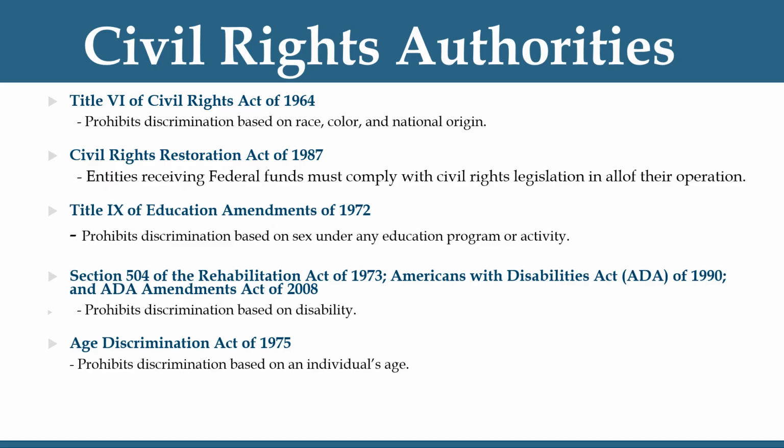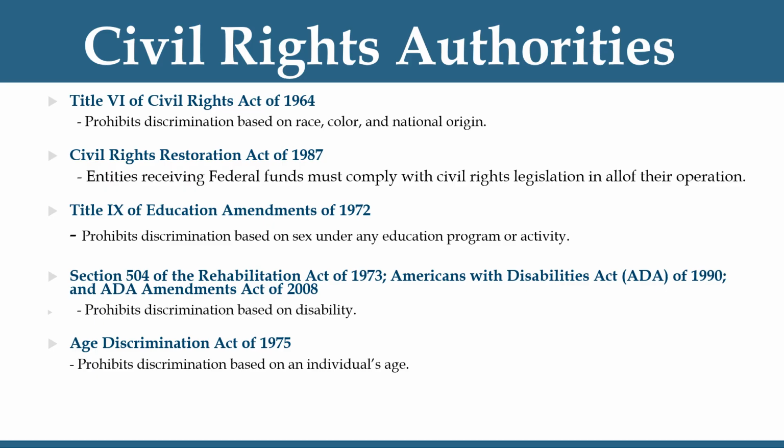The Civil Rights Restoration Act of 1987 is important for you to know about because it says that if you receive even $1 in federal funding, then your entity must comply with all civil rights legislation in all of its operations.